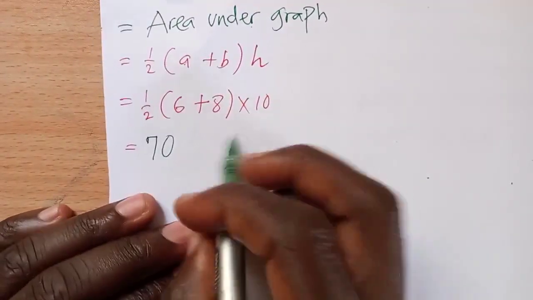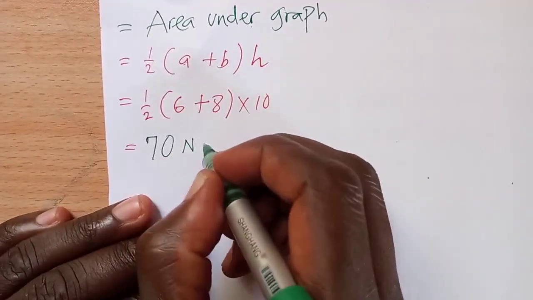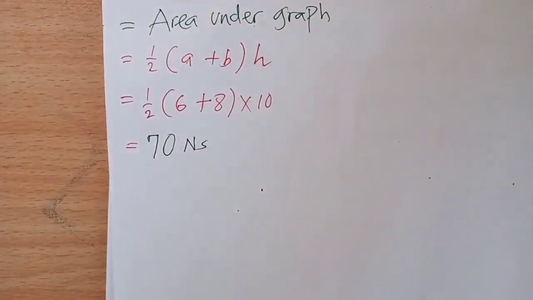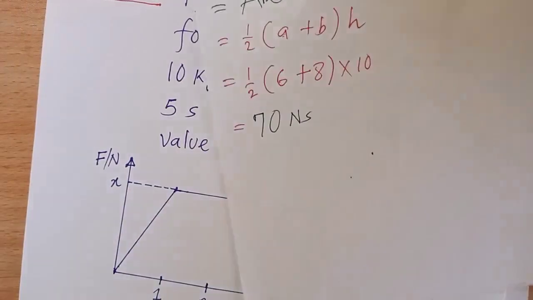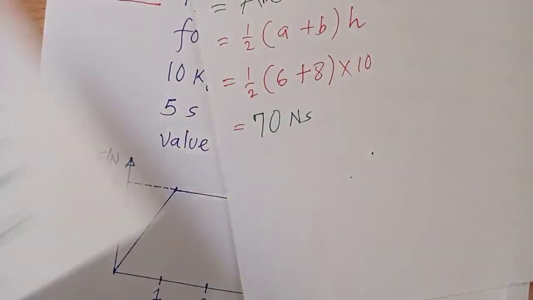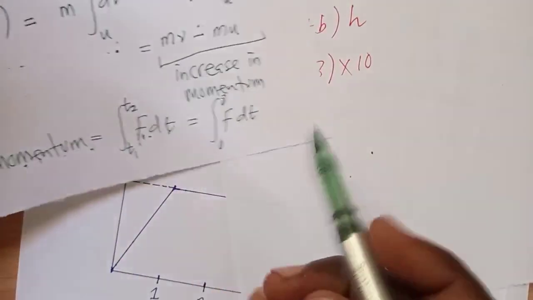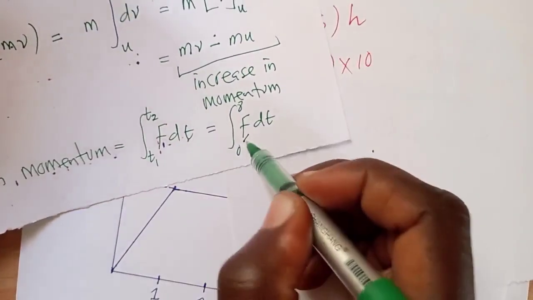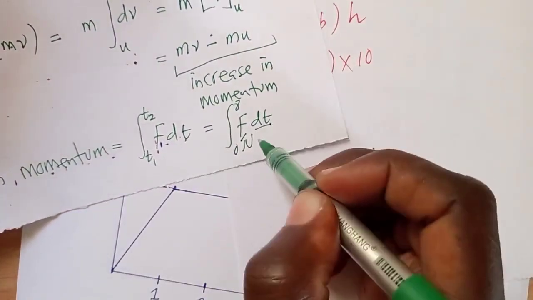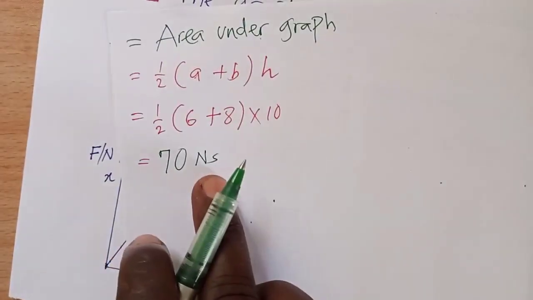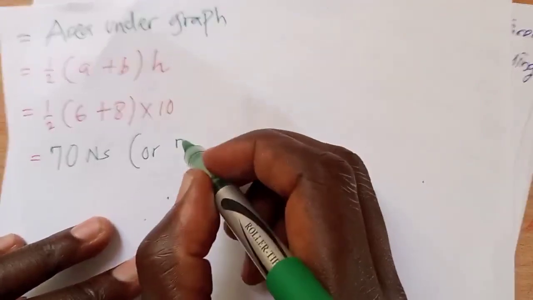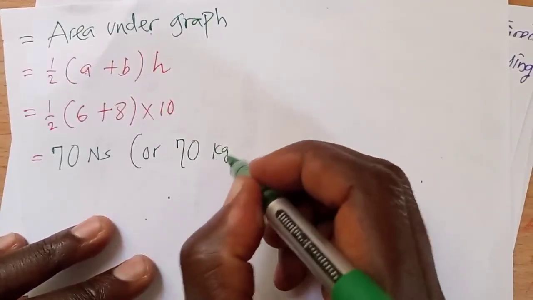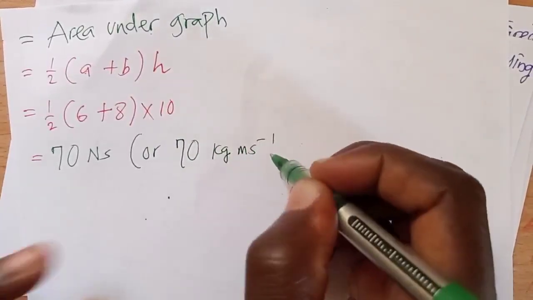So I have 70. I can put Newton second if I so want to, because what I did here was to integrate this. From force I have Newton, and from time I have second, so my unit is Newton second. But I can also write it as 70 kilogram meter per second, because I say change in momentum.